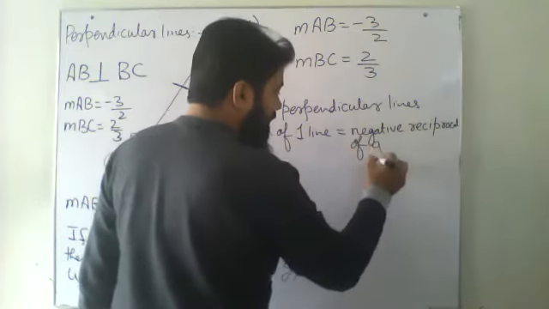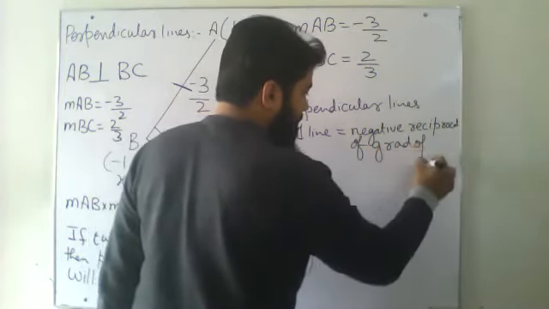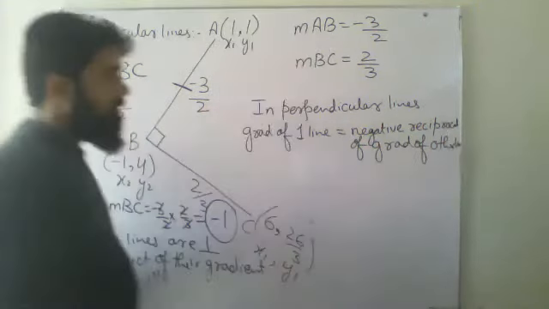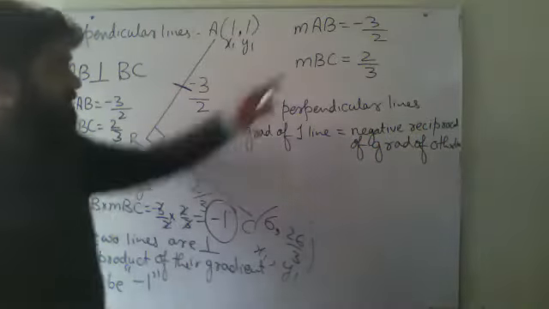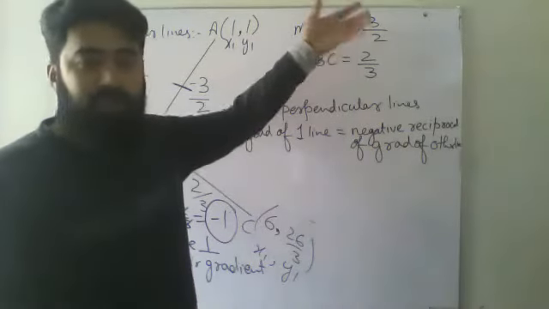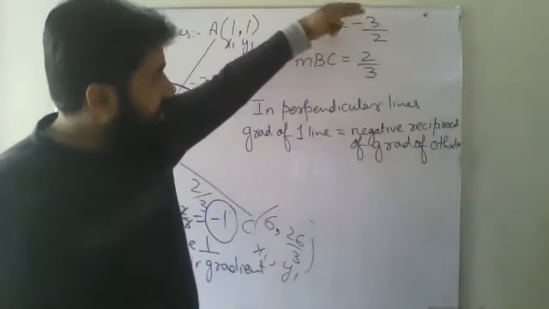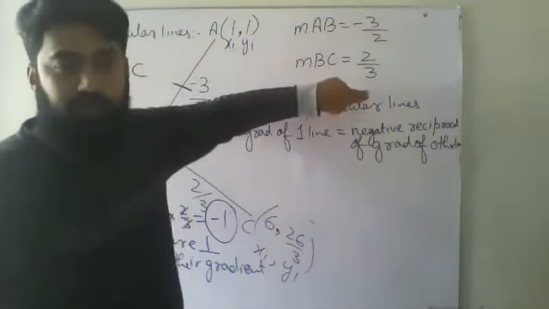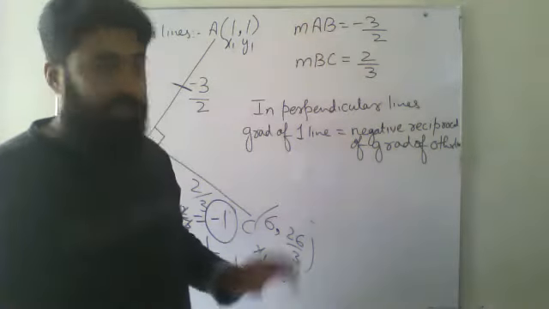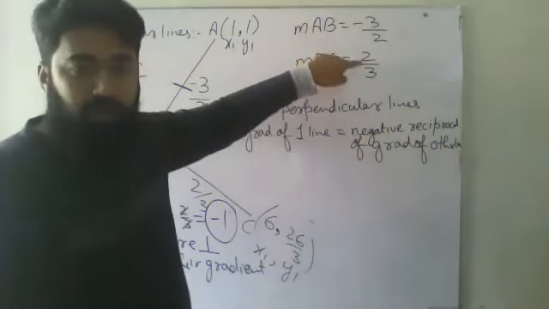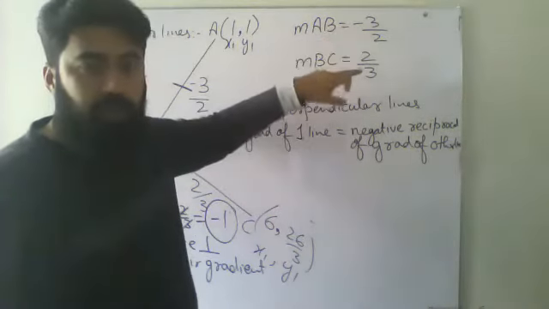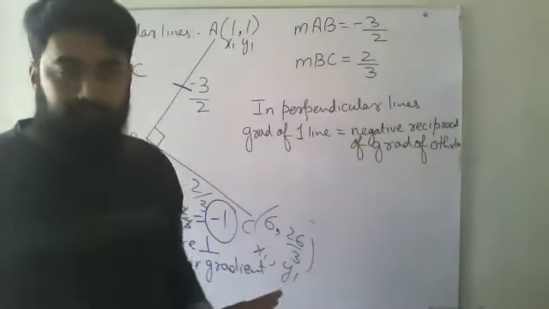This one is minus 3 over 2. So the negative of minus will be positive, and the reciprocal will be 2 over 3. The negative reciprocal of this is this. Or the reciprocal of this 2 over 3, when I change it, will become 3 over 2. This is positive, this will be negative.